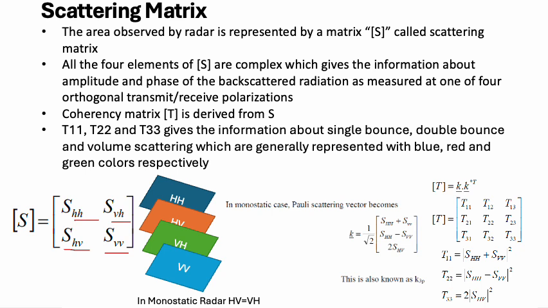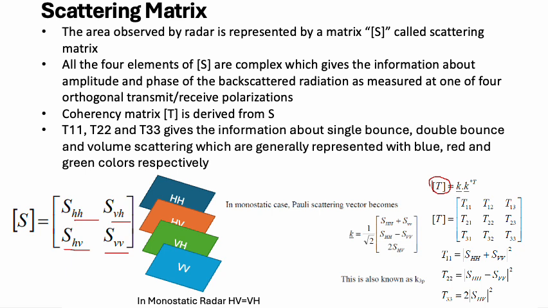Once we get the scattering matrix, we can use mathematical knowledge to derive the coherency and covariance matrix. It is a second order statistic. The coherency matrix is generally represented by T. This coherency matrix T is closely related to the physical and geometric properties of the scattering process and thus allows better and direct physical interpretation.